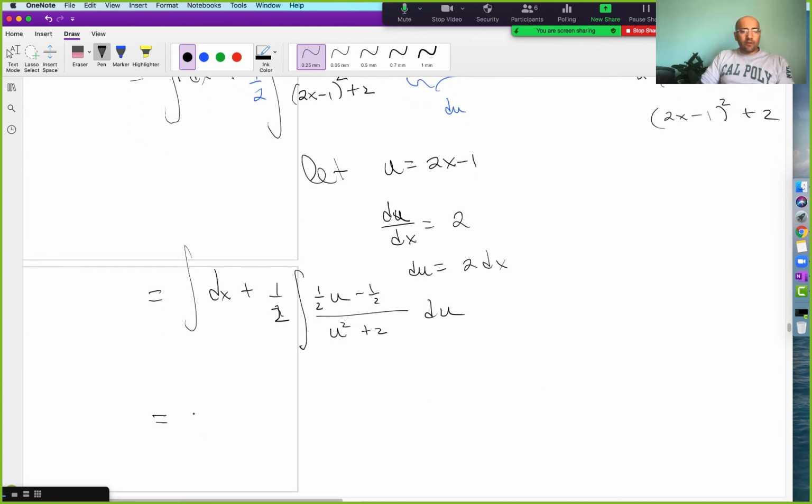I can factor out another half, and I end up with integral dx plus 1/2 times another 1/2 when I factor out these. Factor out this 1/2 and this 1/2. I'll end up with another term of a half here. Integral of, and it's u minus 1 all over u squared plus 2 du.